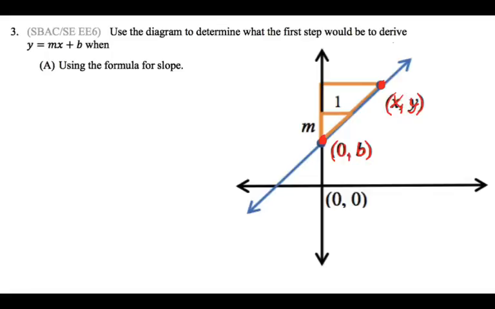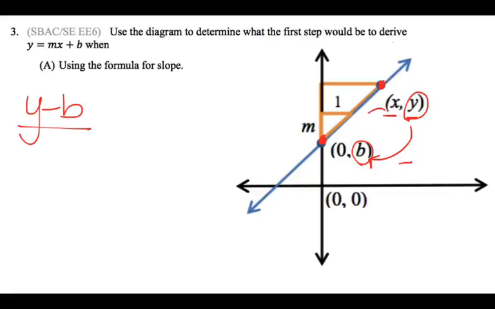Okay, so I'm going to use the second y minus the first y, so y minus b. And then I'm going to say second x minus the first x, minus 0. If I find the change in y over the change in x, that will give me my slope, or m.